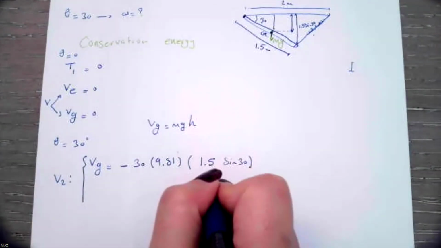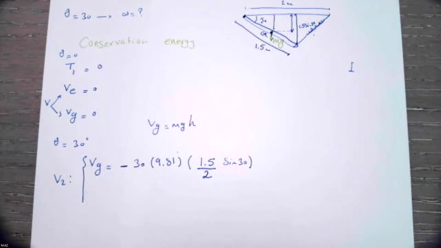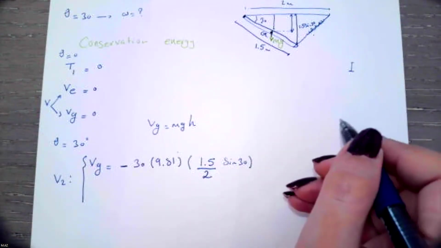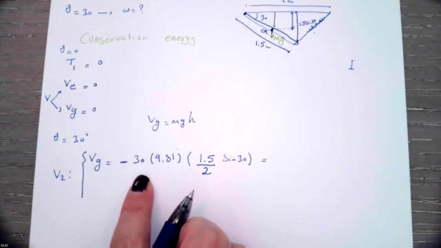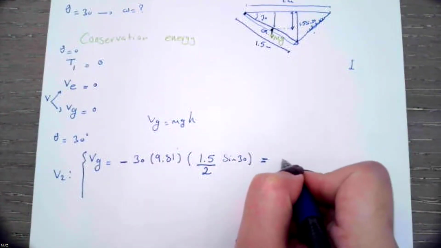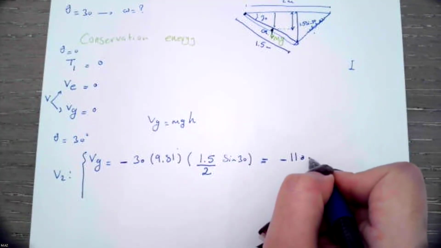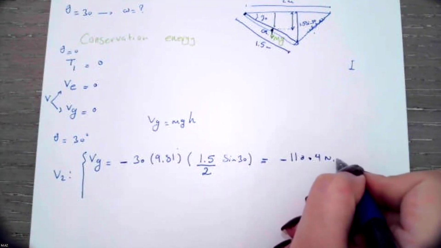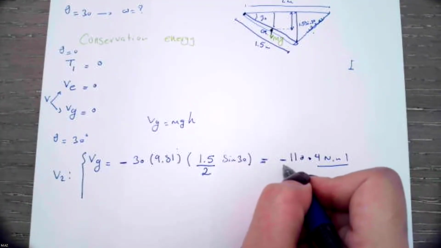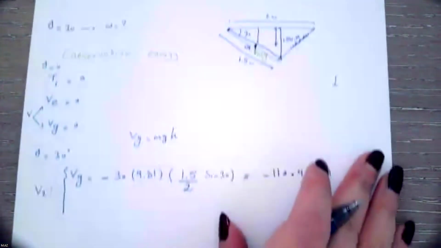For this reason, we should consider half of the length of the rod. This is the gravitational potential energy, and the value is negative 110.4 Newton meter. This is negative because we set theta equal to 0 as the datum point.